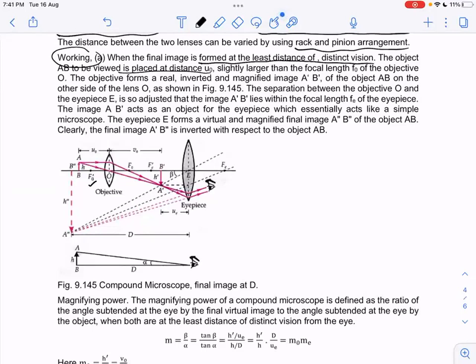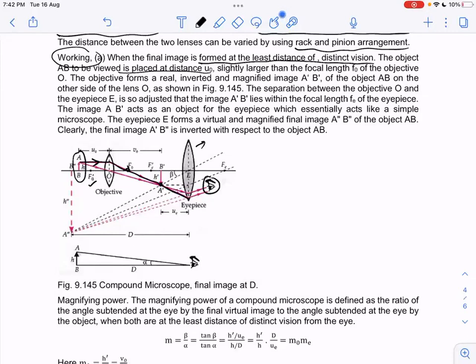You have an objective which is placed near the object, and an eyepiece which is placed closer to the eye. If you see this diagram, when the object AB is placed closer to the objective, and you consider a ray parallel to the principal axis, after refraction it passes through the focus.